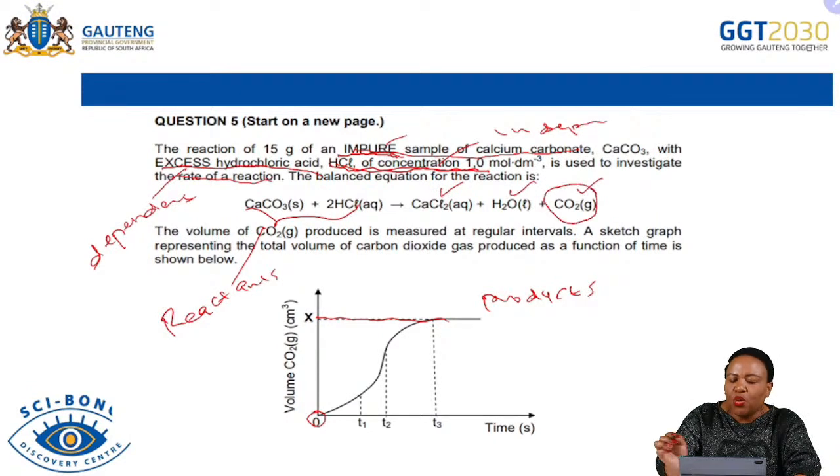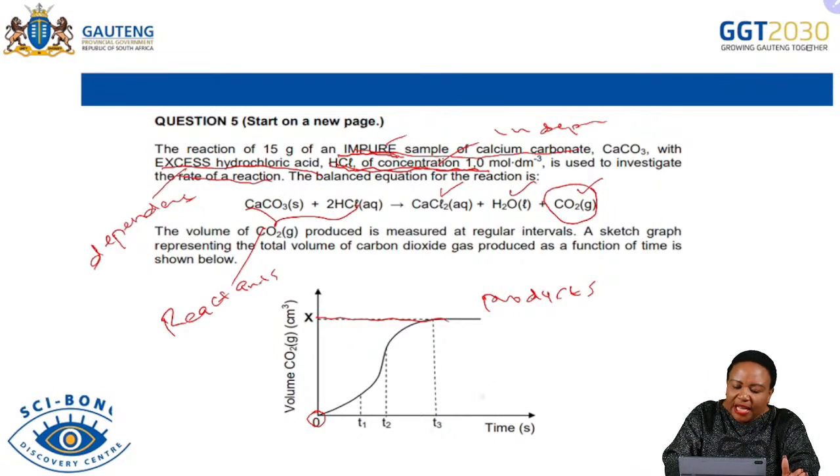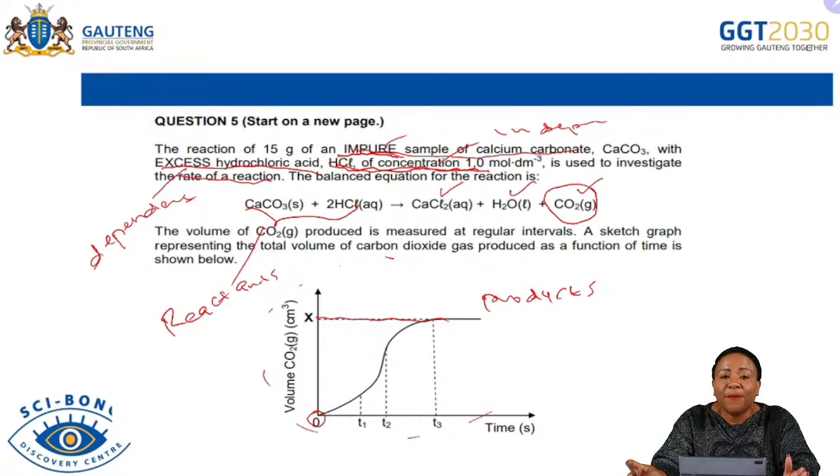And immediately when you look at carbon dioxide, you can see that carbon dioxide definitely falls on the side of the product. That is why, as I was saying, our graph here will definitely represent our product, because it represents the carbon dioxide volume, which is part of the product, which is a produced substance, because initially it was not there.